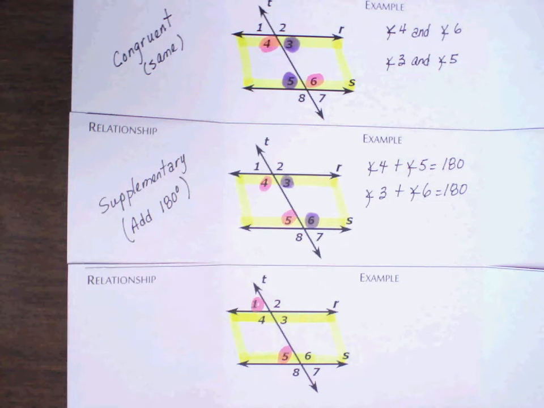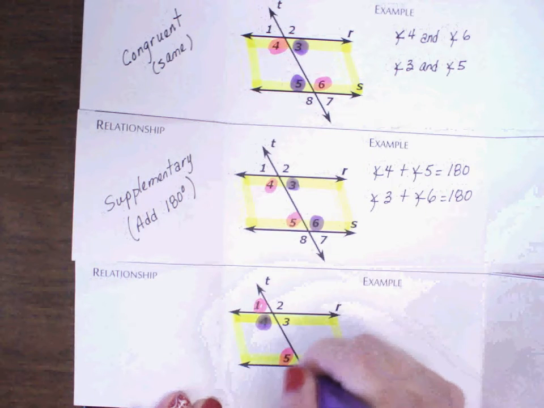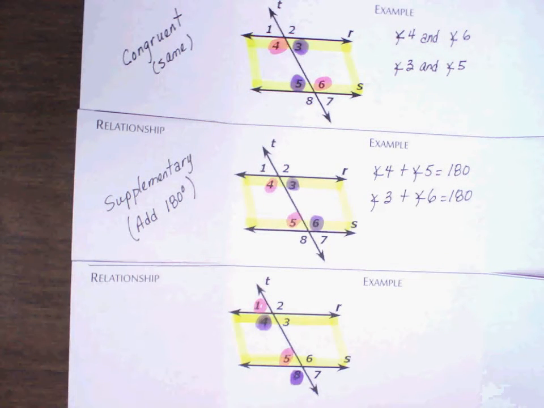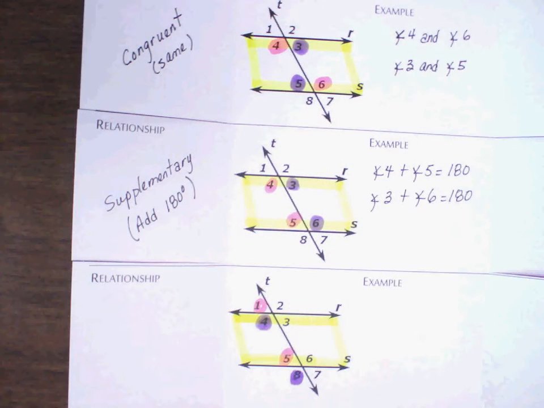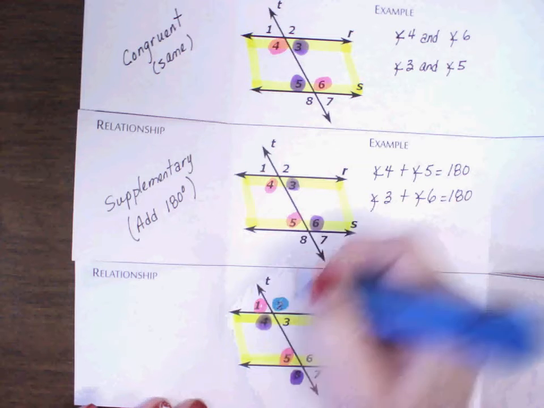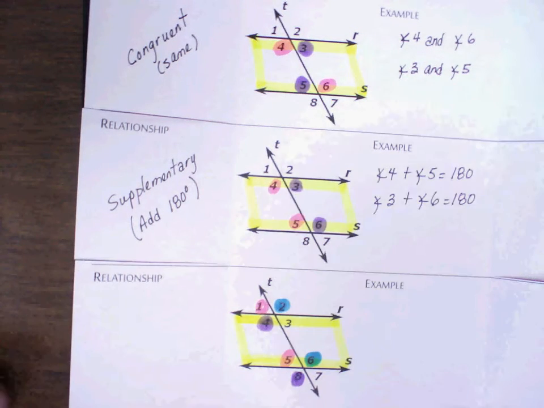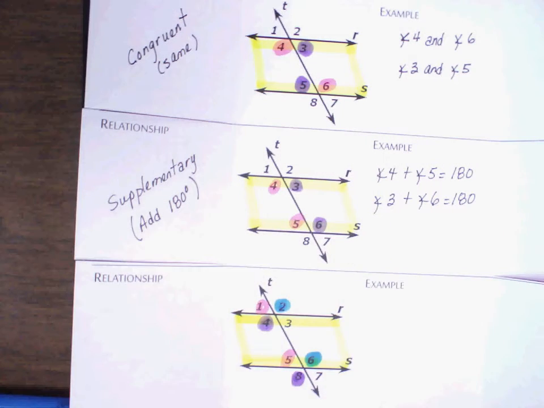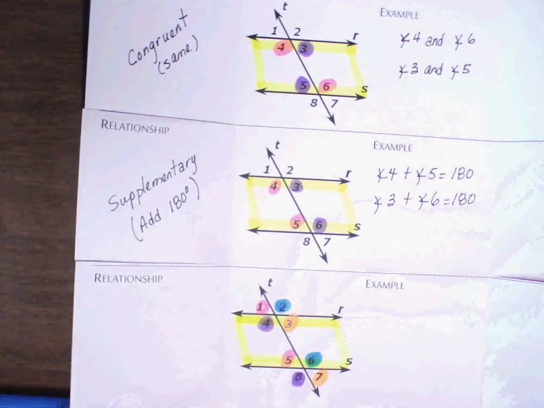They're not right beside each other. They're on the same side. 4 and 8 are another pair. I'm going to run out of colors. 2 and 6 are another pair. And there you go. And 3 and 7. So there's 4 of them.